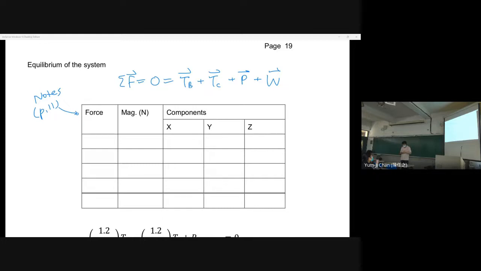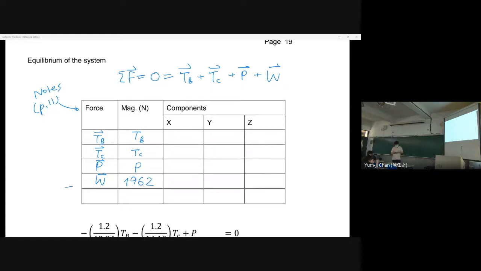Here we write down TB, TC, P, and W. We don't know TB, we don't know TC, and we don't know P either. But we know W. W is 1,962 Newton. And because we are adding all forces together, summation F equals 0.